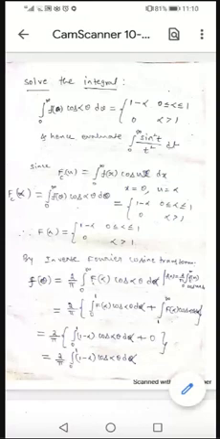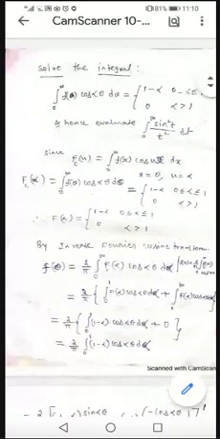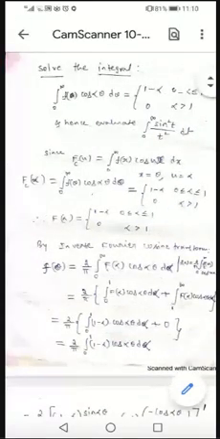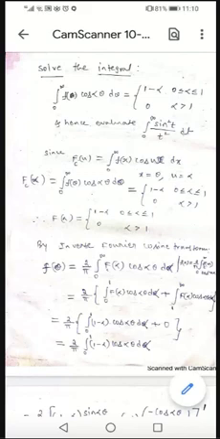So f of x is equal to, you know the formula. What is the formula? f of x is equal to 2 by pi, the integration from 0 to infinity of Fc of u into cos ux du. But we are applying here x as theta and u as alpha.